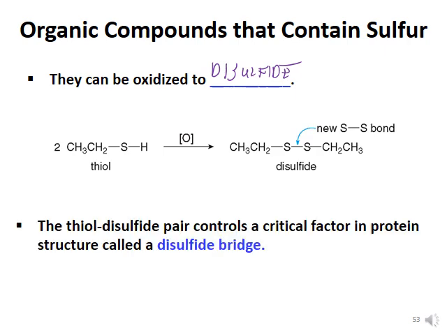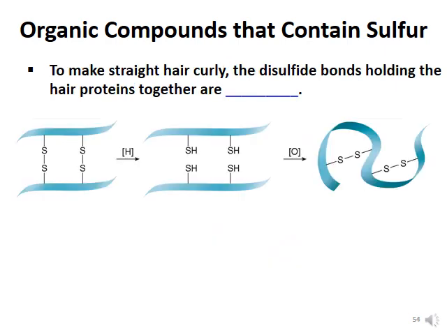That's a critical factor in protein structure called a disulfide bridge, and towards the end of the semester, we will be talking about those. But before that, we can talk about a perm, making straight hair curly. Remember, hair is protein, and so the protein strands normally are linked with a disulfide bond.